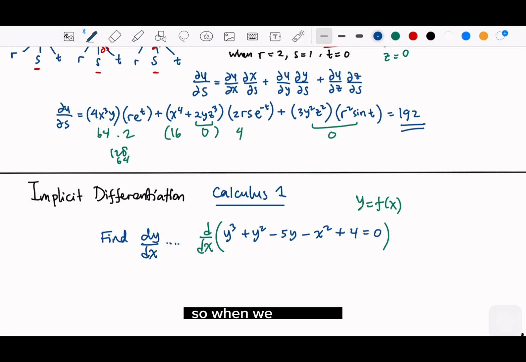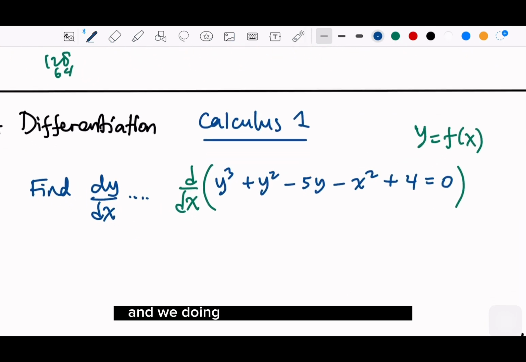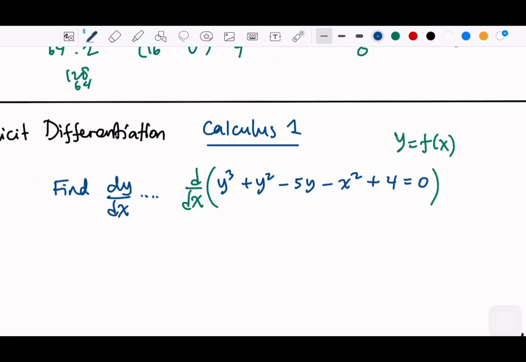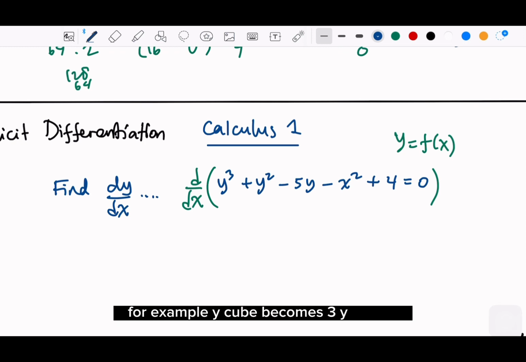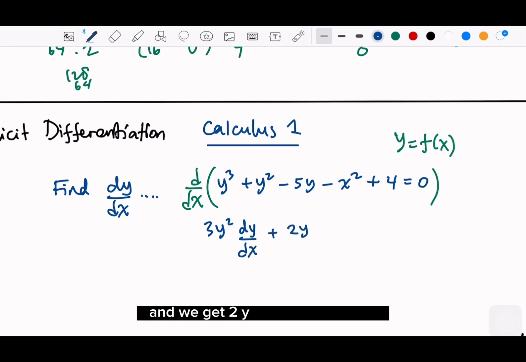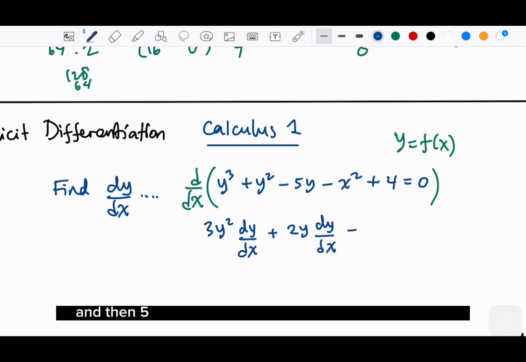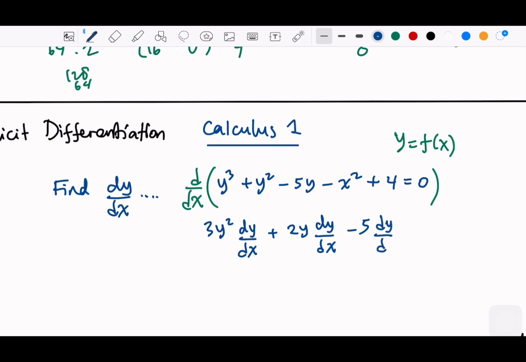So when we take this and we're doing the implicit differentiation, it means that we are going to differentiate y. For example, y cubed becomes 3y squared. But we need to add dy/dx at the end, right? So we add 3y squared dy/dx like that. And then we add another y here, and we get 2y dy/dx, right? And then 5y becomes just 5 dy/dx.